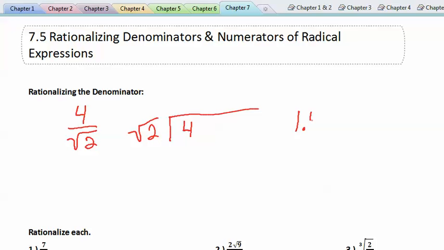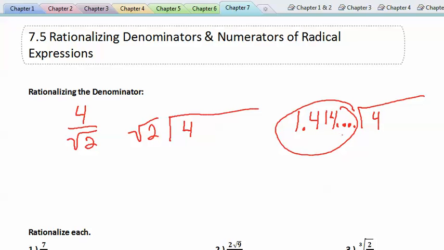But because it's irrational, it never ends. So when you try to divide, you really don't know exactly how many times this number goes into 4.00000 because the square root of 2 never ends.